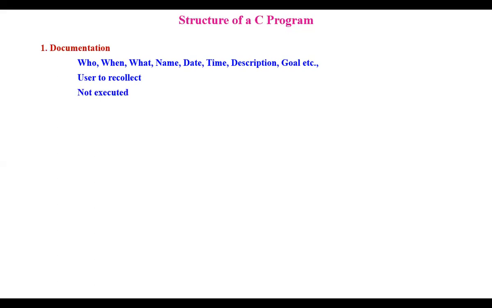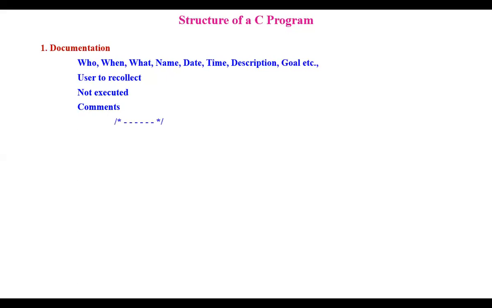It is not executed. This information, whatever I am giving, my name and the date and all these things, we write something, but this should not be executed. When you are doing some mathematical operations, this information is not necessary for these calculations. So this part should not be executed. We call them comments. This documentation comes in the form of comments.